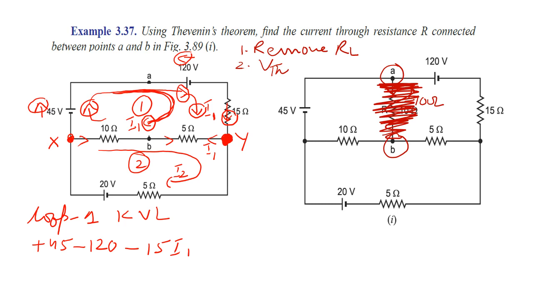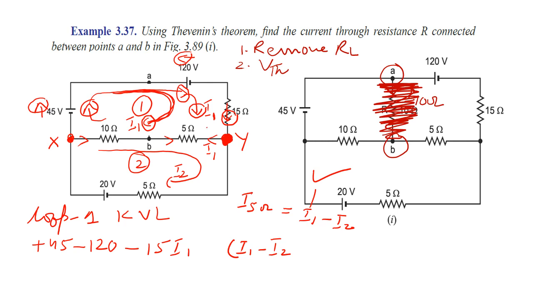So from the 5 ohm resistor, the current passing is the difference of I1 and I2. The current passing from 5 ohm is I1 minus I2, not I2 minus I1, because this loop current will come first. We have to see the direction of the loop current.